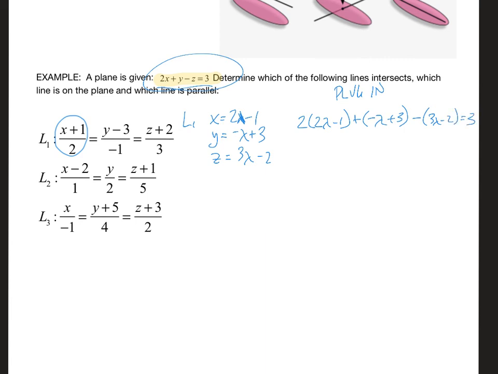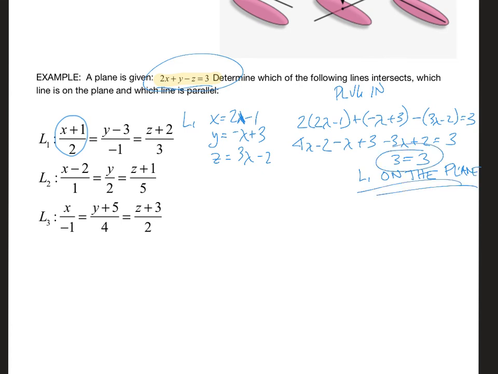Distributing: 4 lambda minus 2 minus lambda plus 3 minus 3 lambda plus 2 equals 3. Simplifying all of that, I end up with 3 equals 3, which means line 1 is on the plane. If you end up with something equal to itself, that means it's on the plane.